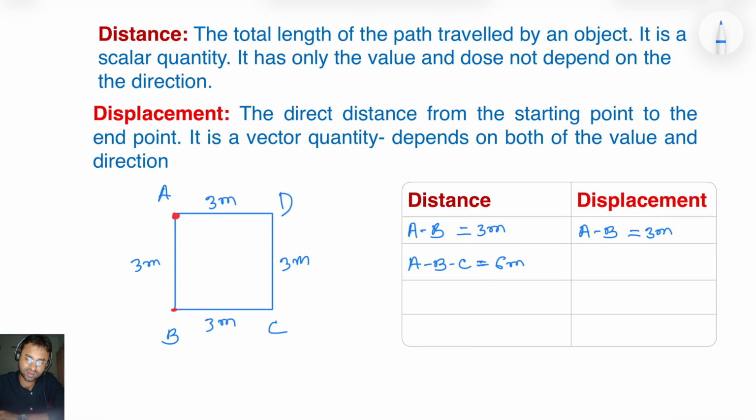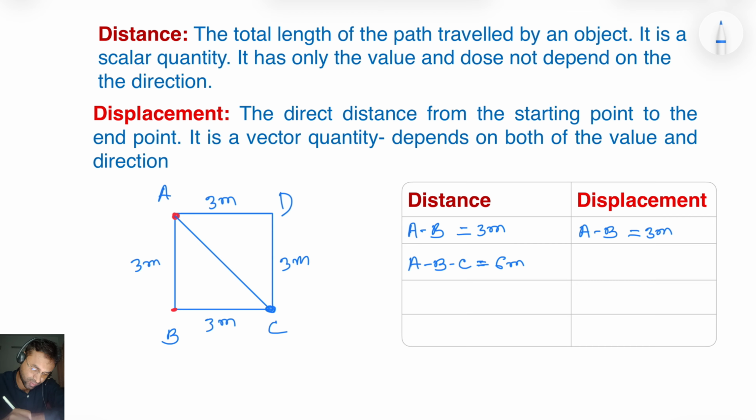But displacement, what is displacement? Displacement is the direct distance from the initial to the end point. Here the initial point is A and the end point is C. So what will be the displacement? Displacement will be the hypotenuse of this right-angle triangle ABC, right?